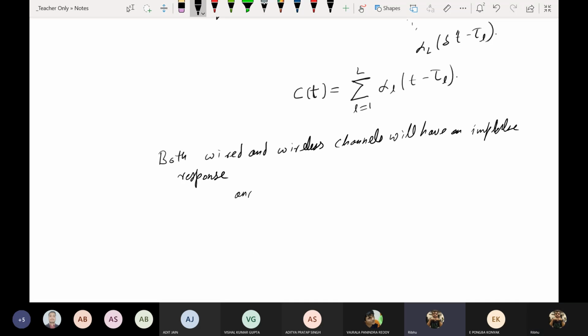And r(t) equals c(t) convolved with v(t) plus noise, right? This is what we will practically receive.